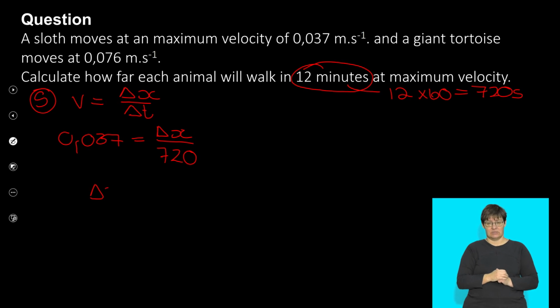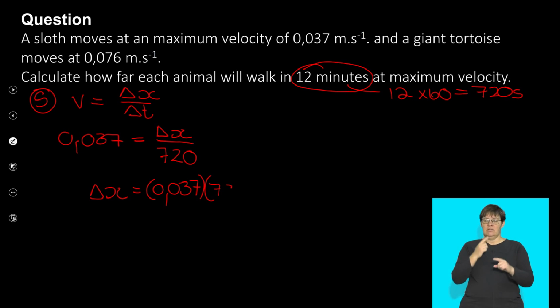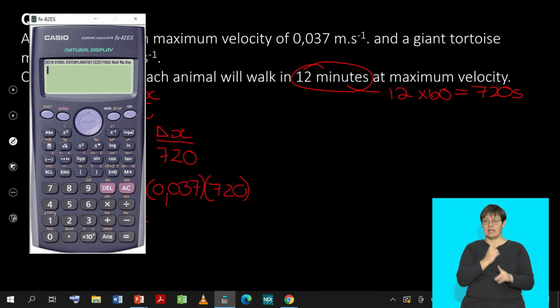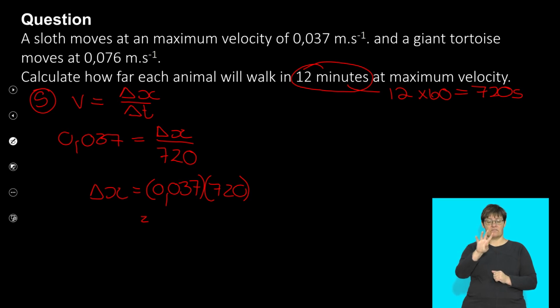So to get delta x, I'm going to go 0.037 times 720. Again, our trusty calculator, times 720. And we get 26.64 meters. That's very slow, but that's what we expect.